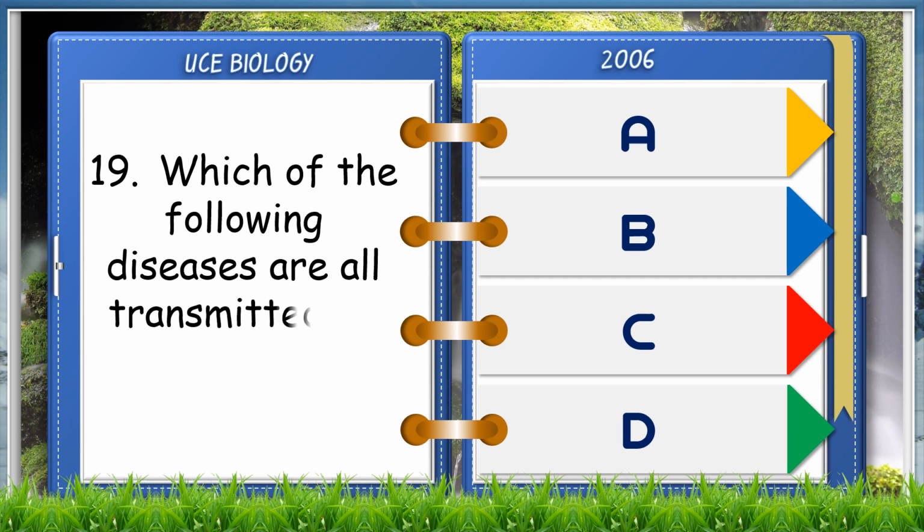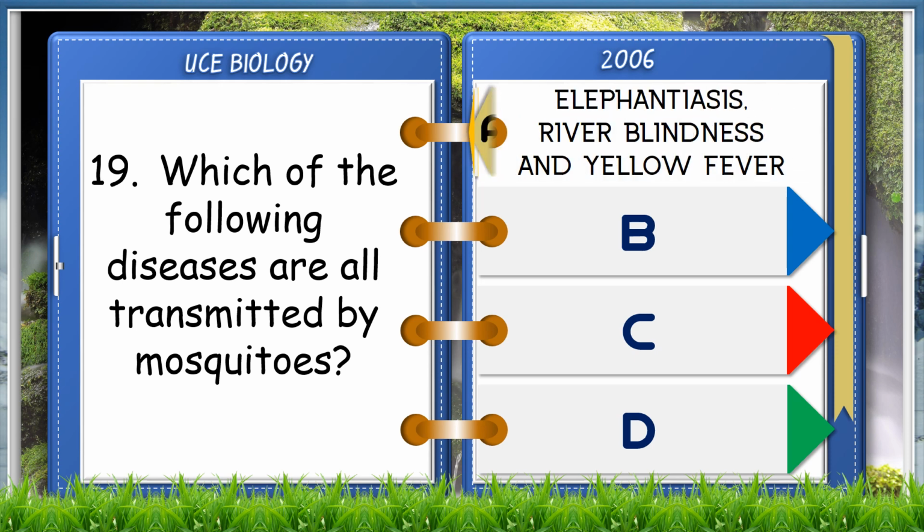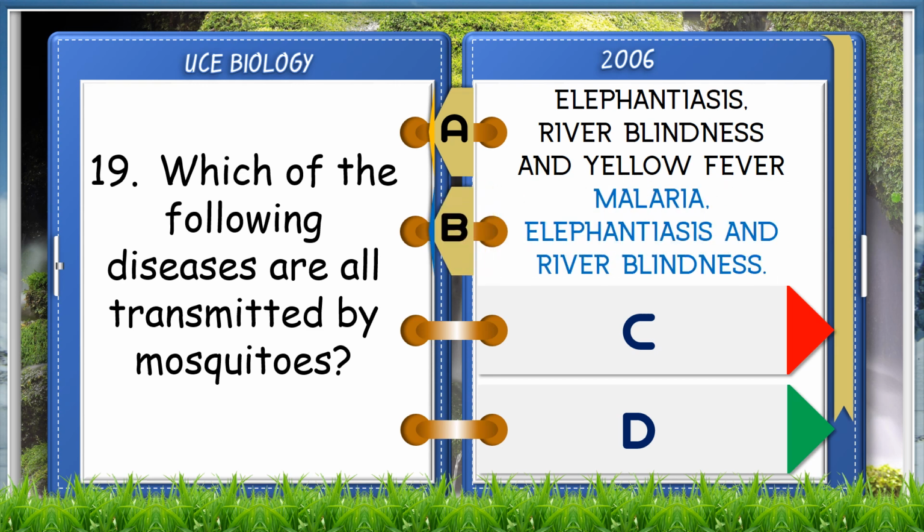Which of the following diseases are all transmitted by mosquitoes? A. Elephantiasis, river blindness, and yellow fever. B. Malaria, elephantiasis, and river blindness.